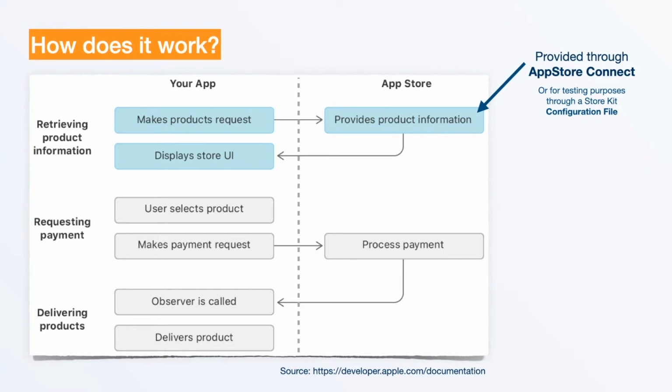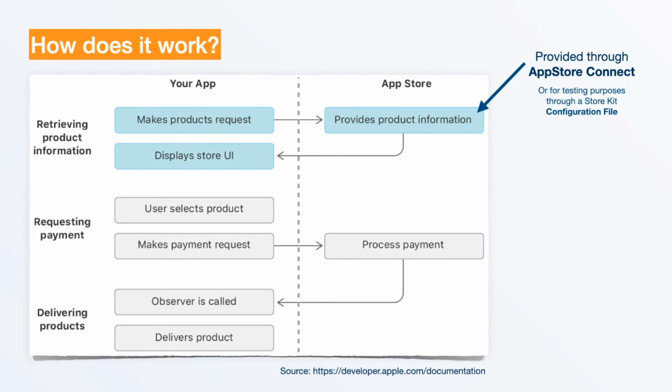Now, this is from the developer documentation, and I think it really describes well how the flow works. So initially, when you want to retrieve product information, your app makes a product request to the App Store through the framework, and the App Store then can provide us with product information. Now remember, the App Store knows it because we provided this product information through App Store Connect.